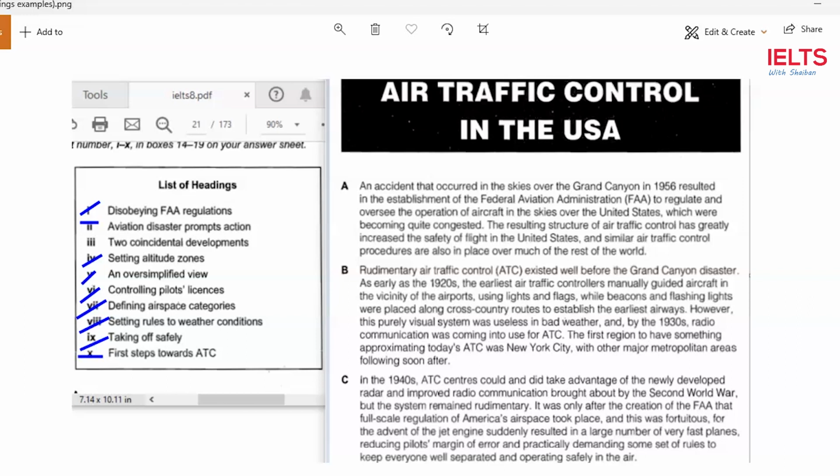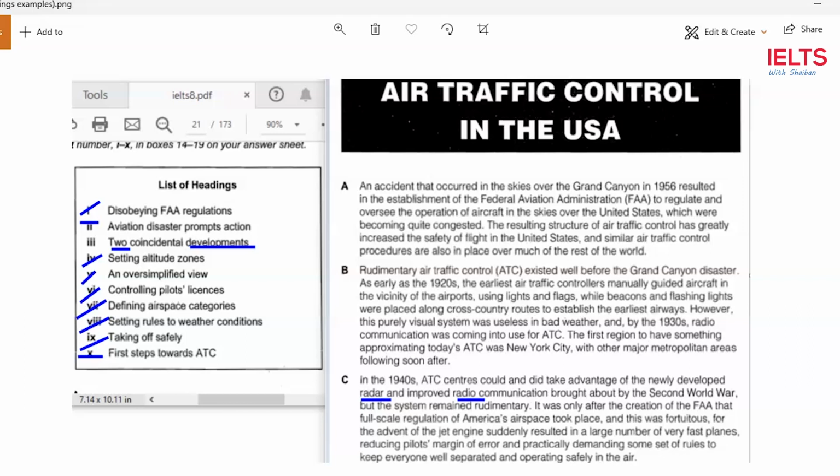So it is two coincidental developments. What are these two? It's the invention of the radio, the radar, and the radio. So two coincidental because of the Second World War, of course. So in this way, I do it.